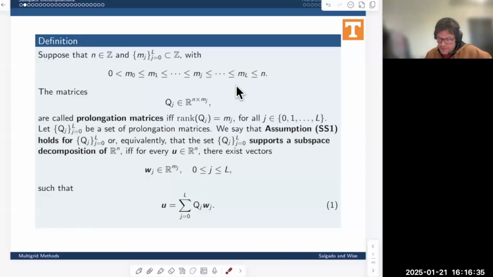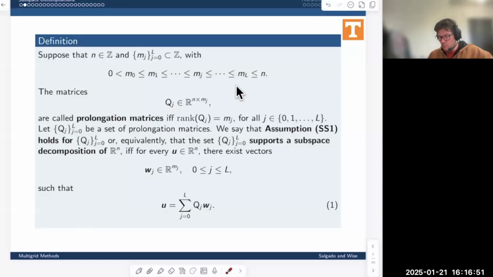So in other words, these are kind of small vectors, and this is a large vector. What this is saying is these small vectors get expanded through the action of Qj. Each one of them gets expanded.